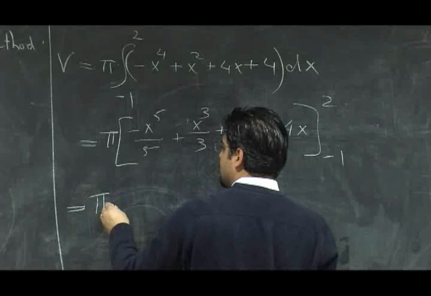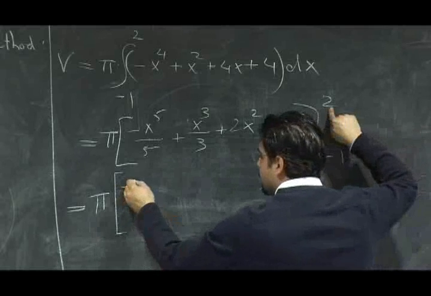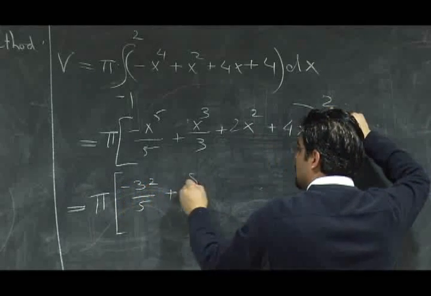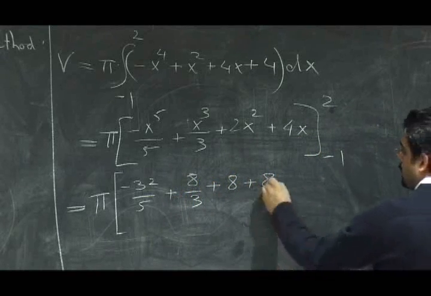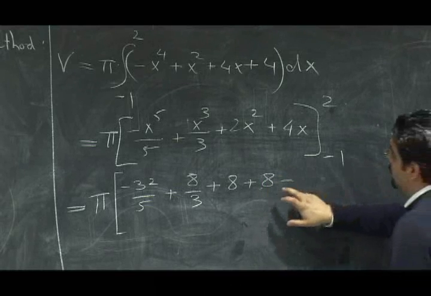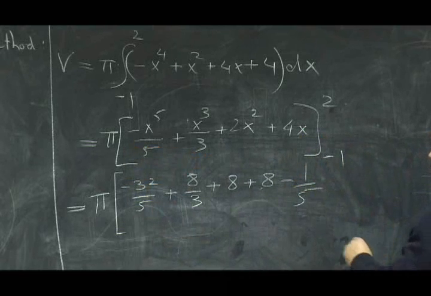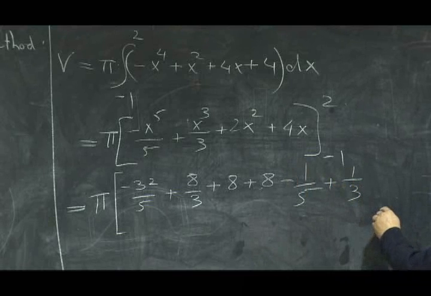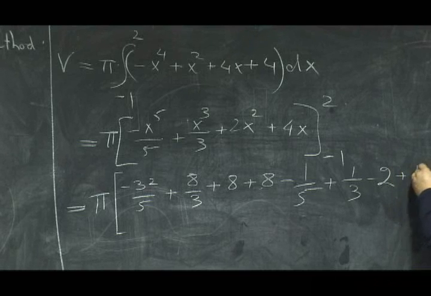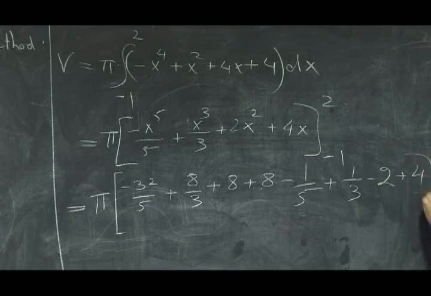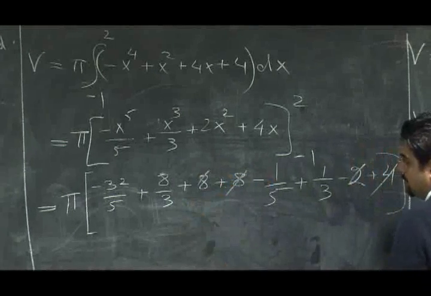Okay, so that would be pi times, plugging in 2, we get -32 over 5, plus 8 over 3, plus 8, plus 8. And plugging in -1, we're subtracting that. So how many negatives do we have? We have 1, 2, 3 negatives. So it's still negative. 1/5, 2 negatives, plus 1/3, minus 2, plus 1. If I got negatives right, this is kind of what it looks like. That's 2, and 16 is 18.